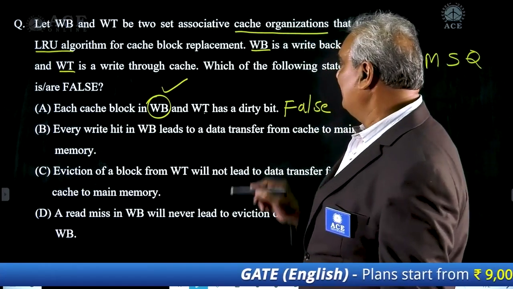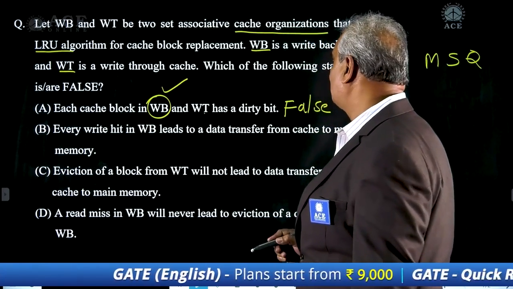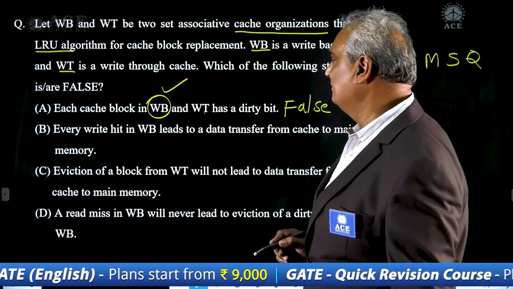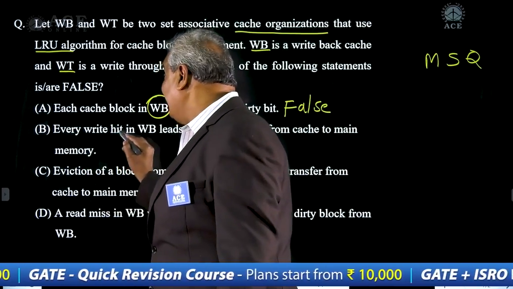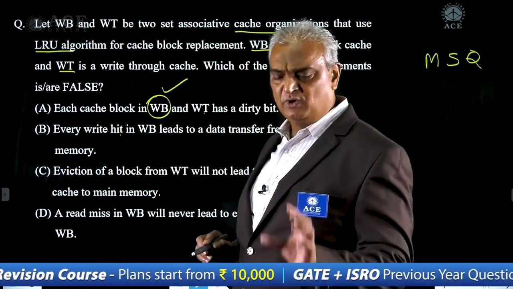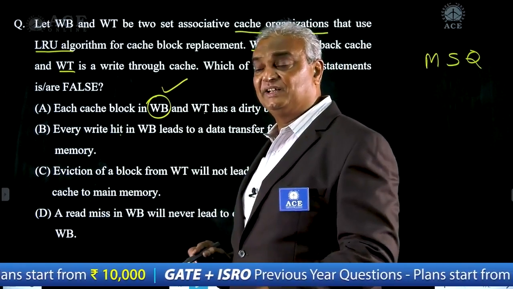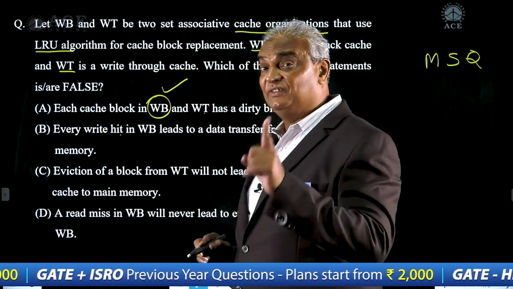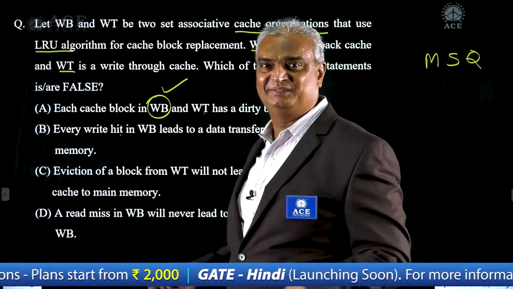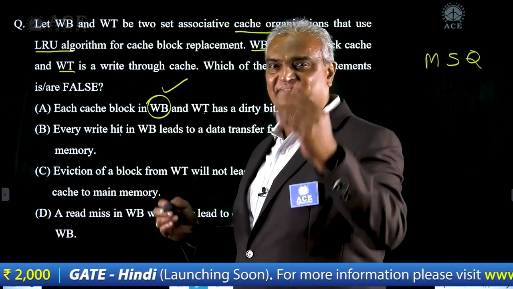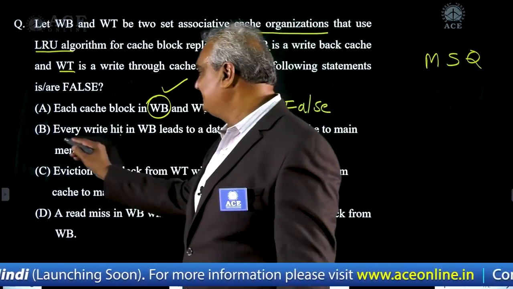Next. B. Every write hit in WB leads to a data transfer from cache to main memory. Watch the statement once again. Every write hit means that while performing the write operation in a certain level of memory, if that block is already available, if that word is available, then it is nothing but a hit. When a hit has occurred, eviction is not required.